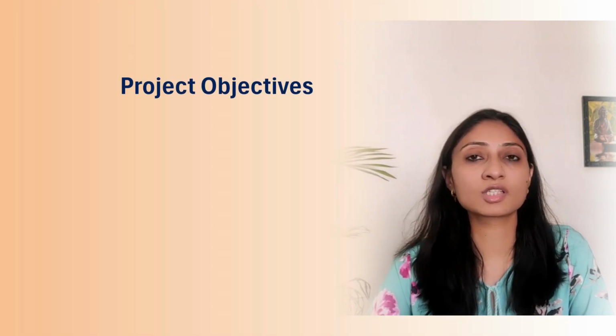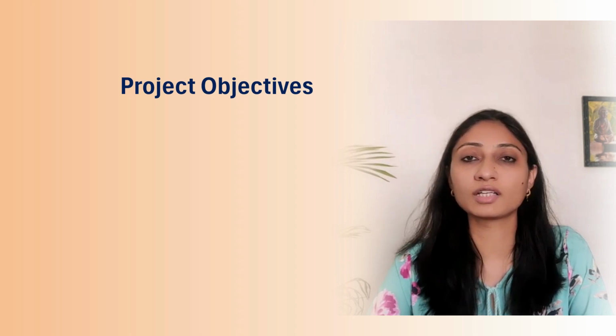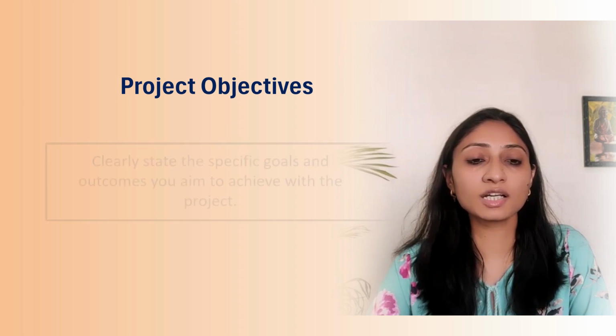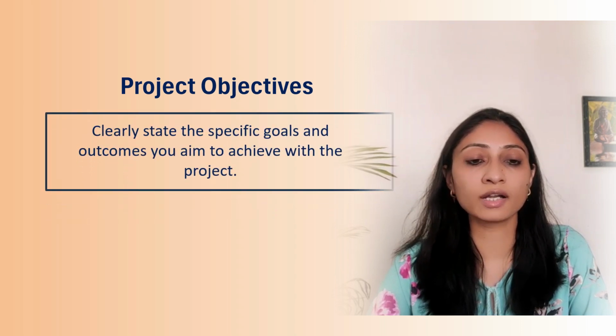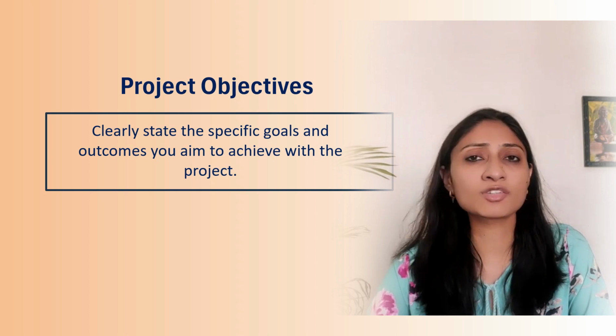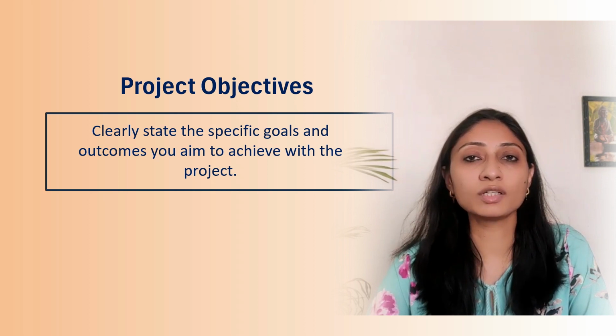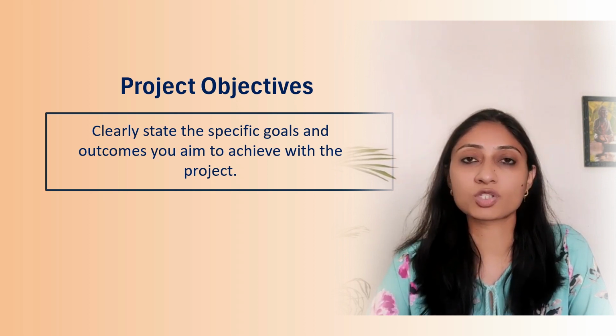Now the next page is project objectives. This is one of the crucial parts of writing an effective research project. It must clearly state the specific goals and outcomes you aim to achieve with the project. The objectives are mostly bullet points in which you provide all the objectives of the project.